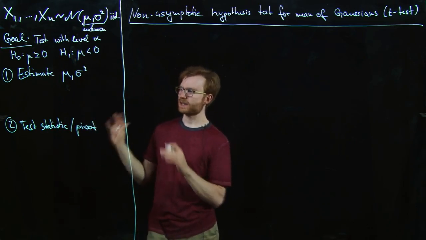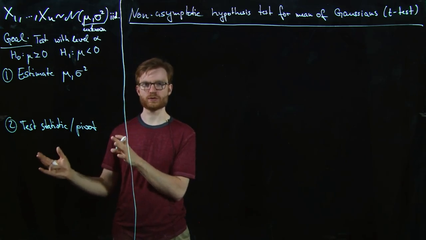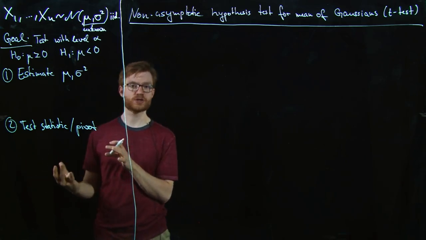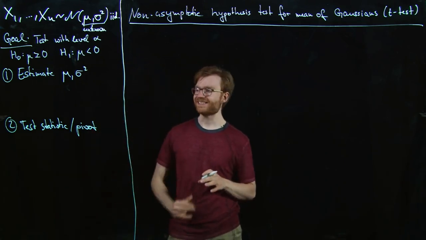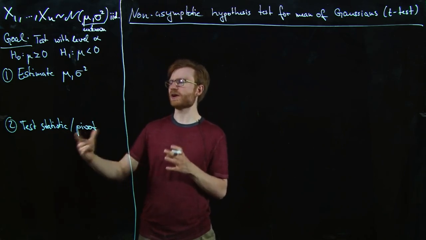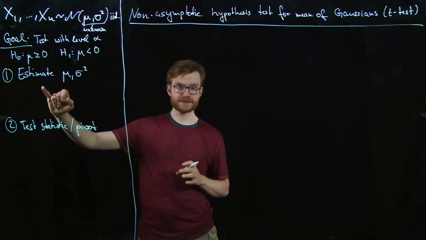Okay? And point number 2 will be where the main hard work of this recitation will lie, because now if we want non-asymptotic tests, we'll have to understand the exact distribution of, or at least have very good bounds on, the exact distribution of our estimates.